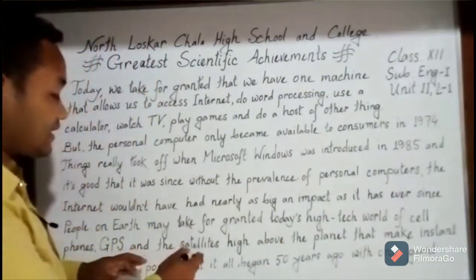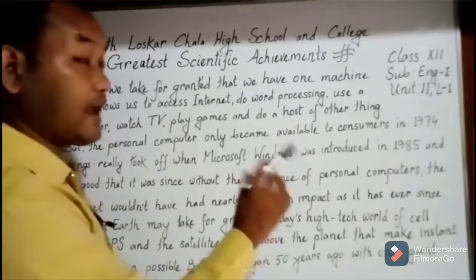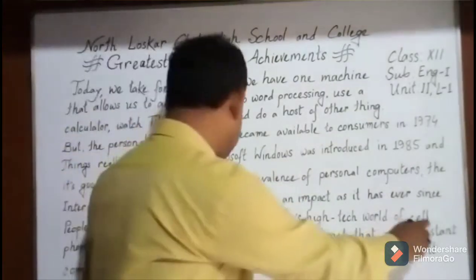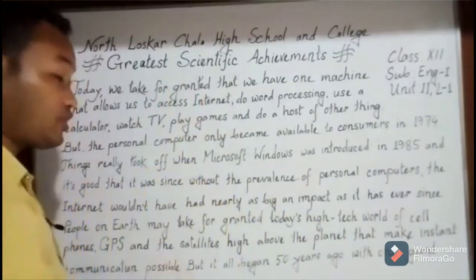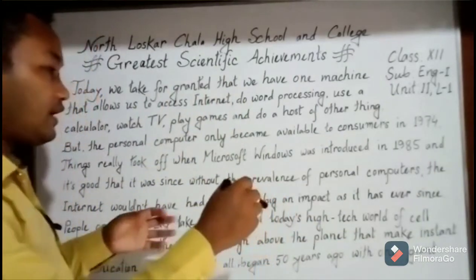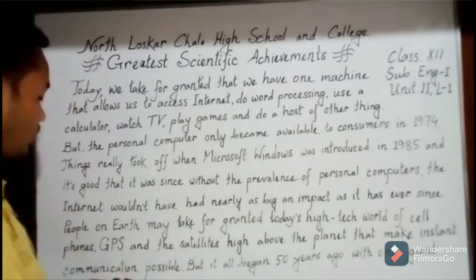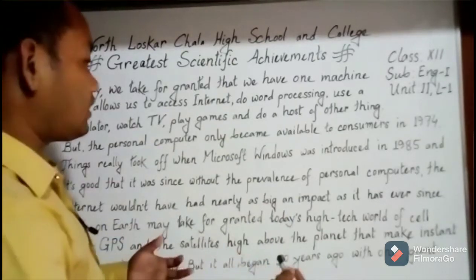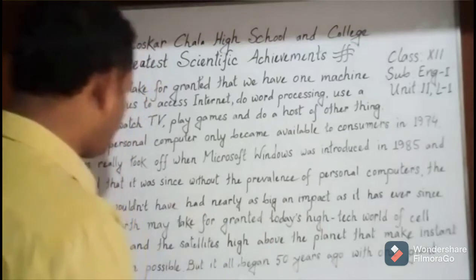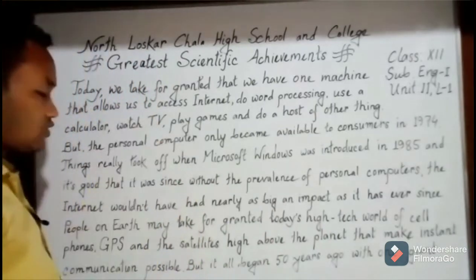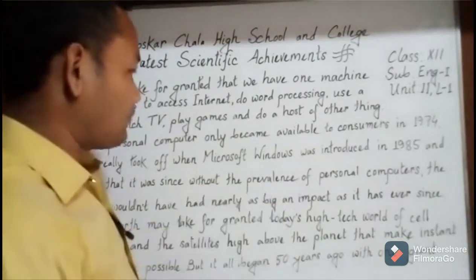That means these satellites are used on the planet that make instant communication possible. It's very simple. Within a few seconds, we can communicate with people all over the world. It's a common matter.